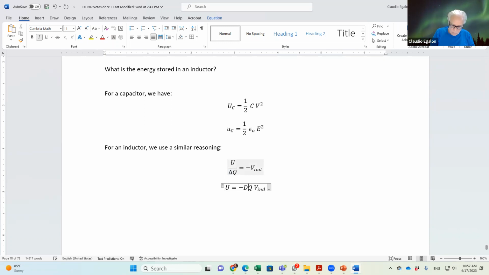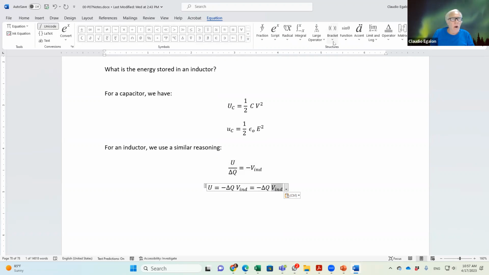Delta Q. Okay, I know that the induced voltage is going to be given by Faraday's law in that different format that you saw, minus L delta I over delta T, like that.